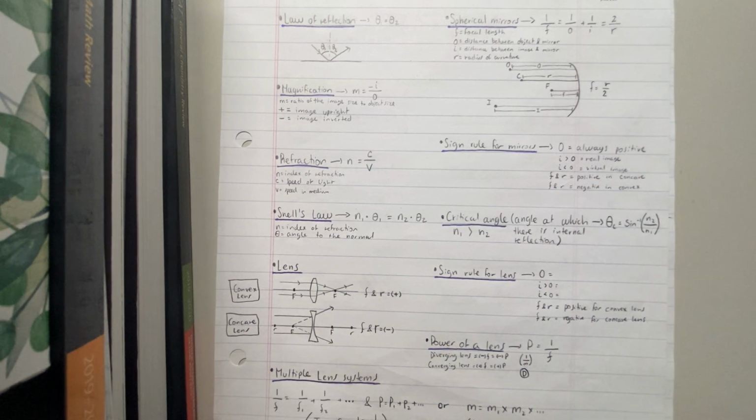Important to mention that the power of a lens is equal to 1 over its focal length. So 1 over meter, which can also be used with a unit of D here.